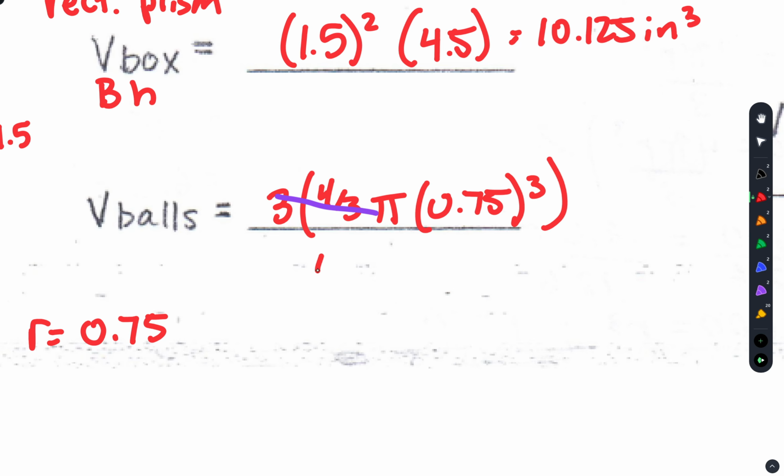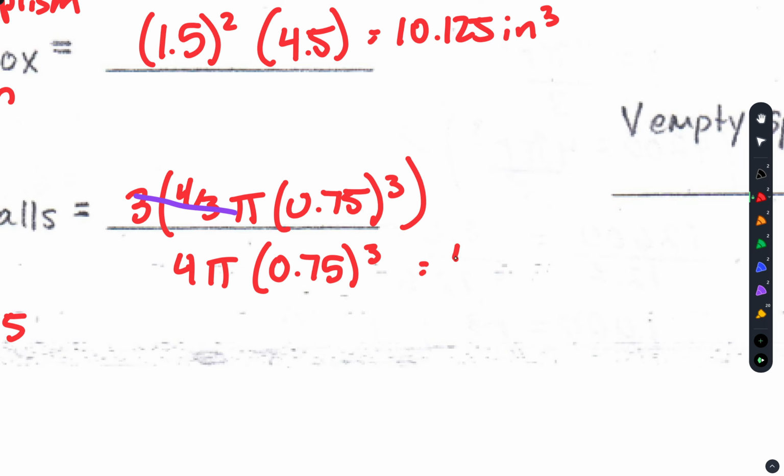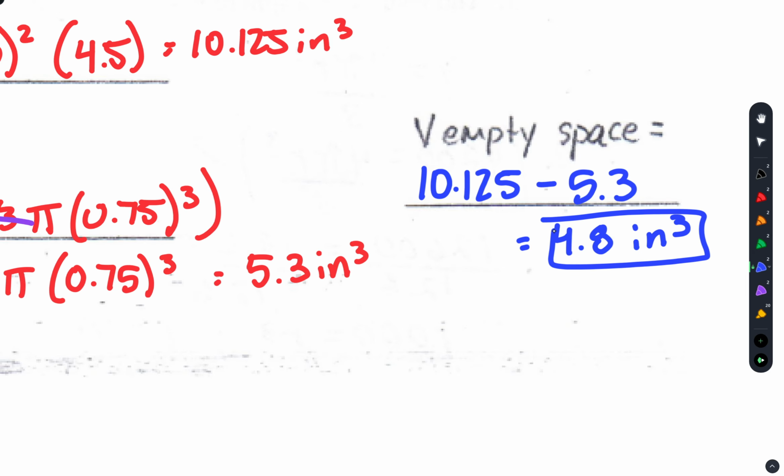So this is really like 4 pi radius cubed, which is going to come out to about 5.3 inches cubed. To find the volume of that empty space, I'm going to take this volume of the box and subtract the volume of those 3 spheres to get about 4.8 inches cubed for that empty space. Any questions on that?